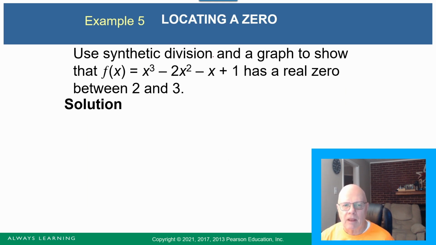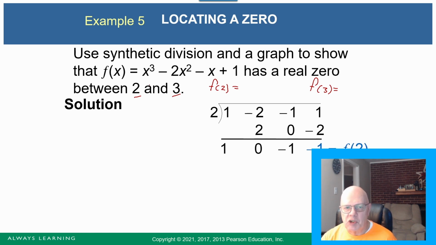Let's see. We use synthetic division and a graph to show that this one has a real zero between 2 and 3. So real fast, we're talking about x values of 2 and 3. Very quickly, you want to find f of 2 and f of 3. If those are a different sign, then there's a 0 somewhere between 2 and 3.